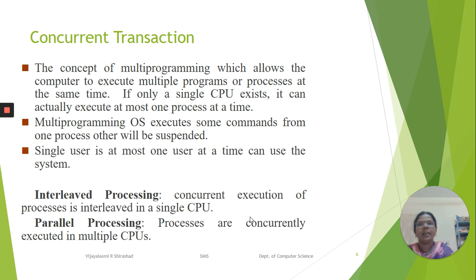Concurrent transactions. The concept of multi-programming allows the computer to execute multiple programs or processes at the same time. If only a single CPU exists, it can actually execute at most one process at a time. That is nothing but concurrency; transactions have to provide multi-accessibility.